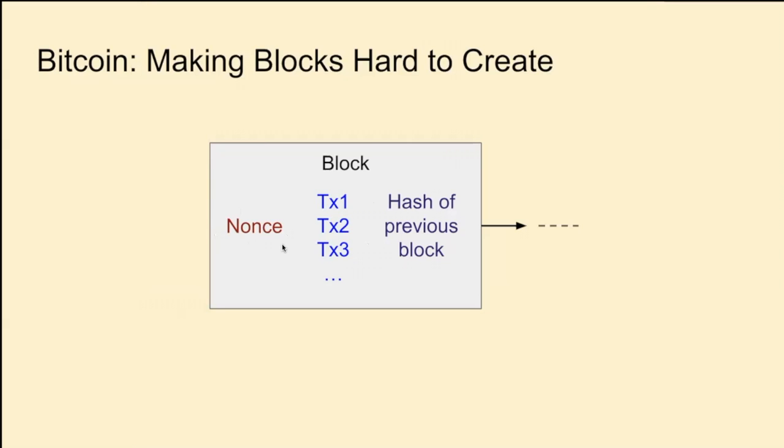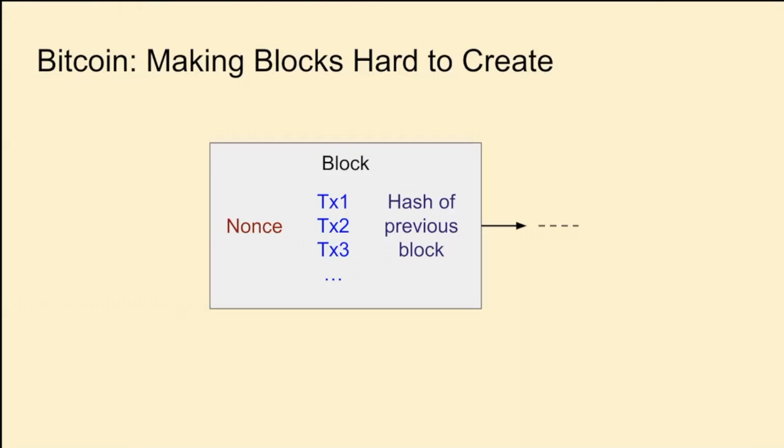So it's essentially, let's see, can I use 1 as a nonce? Nope, doesn't work. How about 2? Nope, doesn't work. How about 3? Nope, doesn't work. And so finding a nonce that actually works is set so that it takes, and I'm not sure what the realistic numbers are, but it's probably on the order of a number that you would write as a 1 with maybe 10 or 20 or 30 zeros after it.